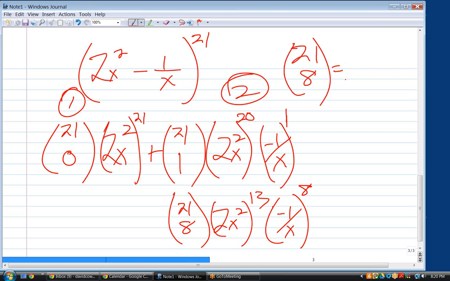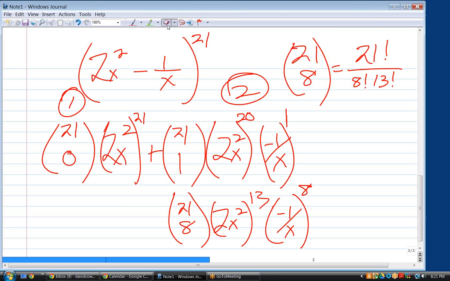Let's state it in factorial definition. In other words, 21 factorial in the numerator. What goes in the denominator? 8, but I don't know how you can cancel 8's, and also 21 minus 8 factorial is one of them. Okay? Is that just like a rule?